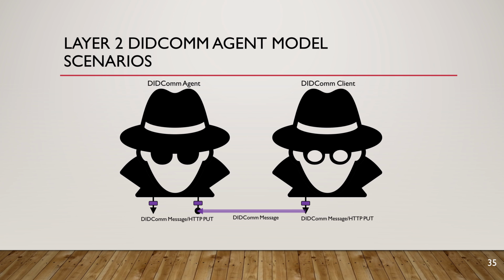We represent that in DIDComm notation. So this looks like the diagrams we just saw, Alice and Bob. But in this case, you'll notice the purple artifacts. There's the line from the client origin interface, from the client arrow, over to the DIDComm agent service endpoint on the left.